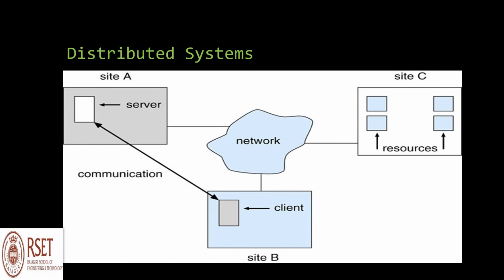Distributed systems, as you can see in the figure. A distributed system is a collection of loosely coupled processors interconnected by a communication network. You can see a communication network there, and the processors are usually called nodes, computers, machines, or hosts.